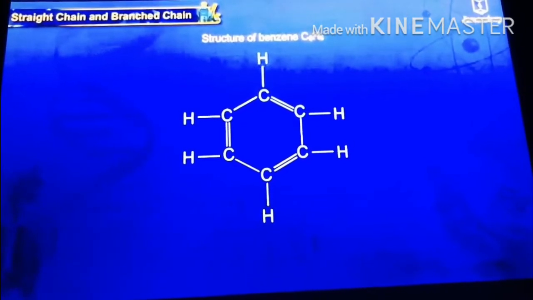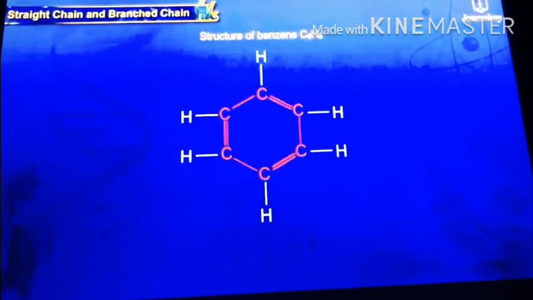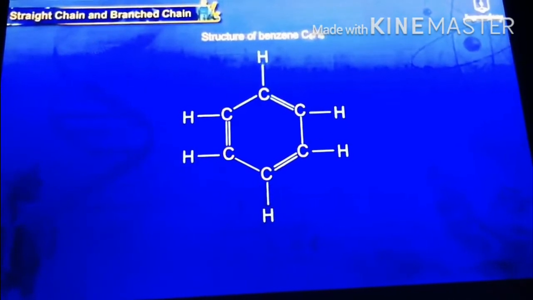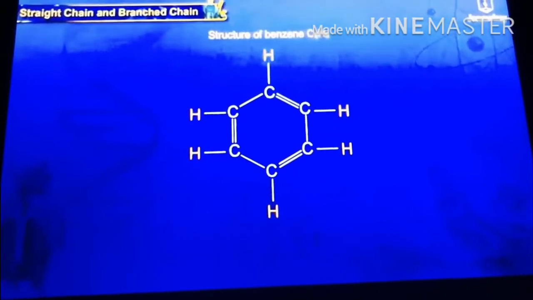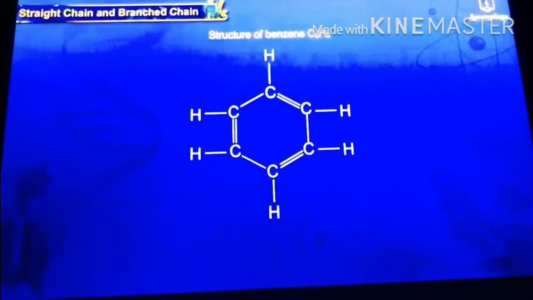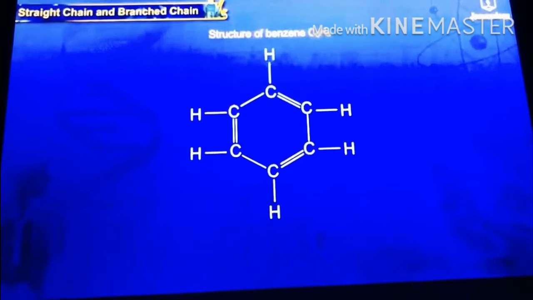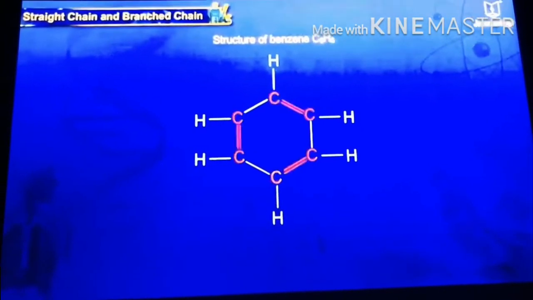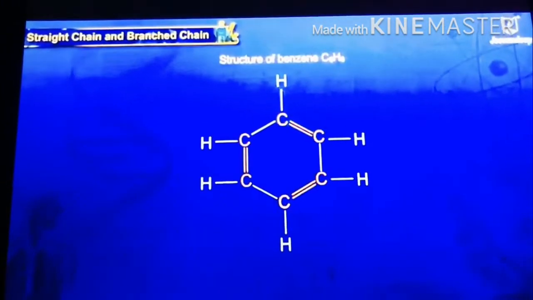Benzene ring consists of a cyclic structure made up of 6 carbon and 6 hydrogen atoms. Each carbon atom is bonded to another carbon atom on one side with a single bond and a double bond on other side.